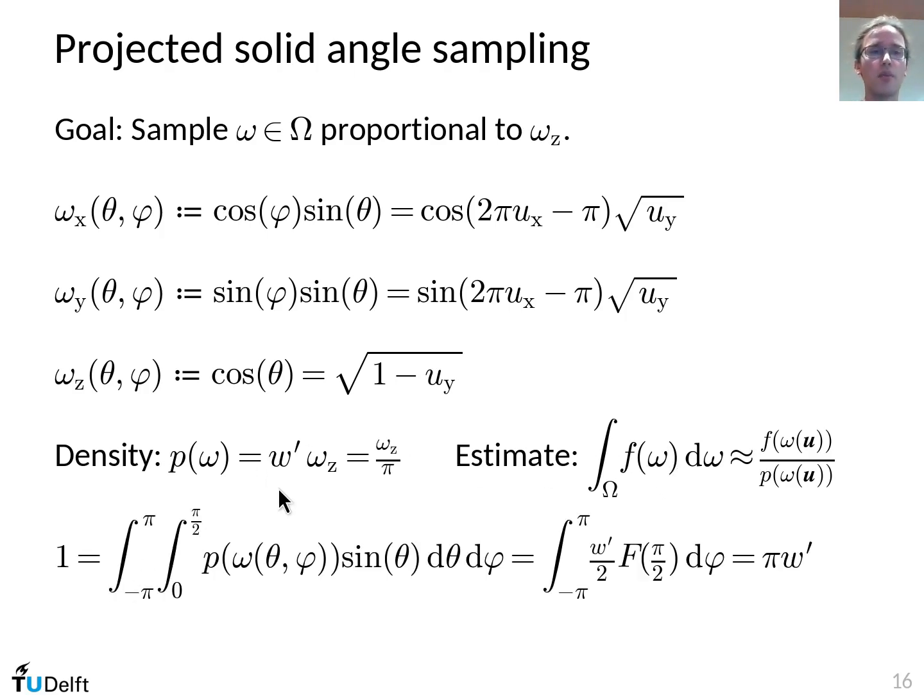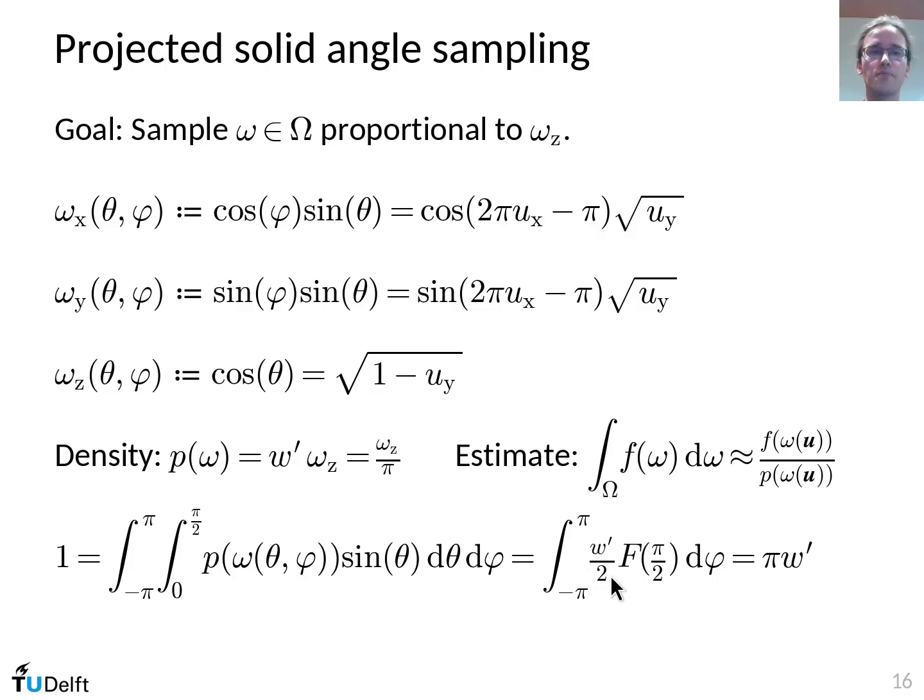And the normalization for the density is quite similar to what we had before. So we want to have an integral over the entire hemisphere that comes out to 1. And then this integral, if we express it in terms of spherical coordinates, we need this sine theta factor here again. And we are integrating over the density.